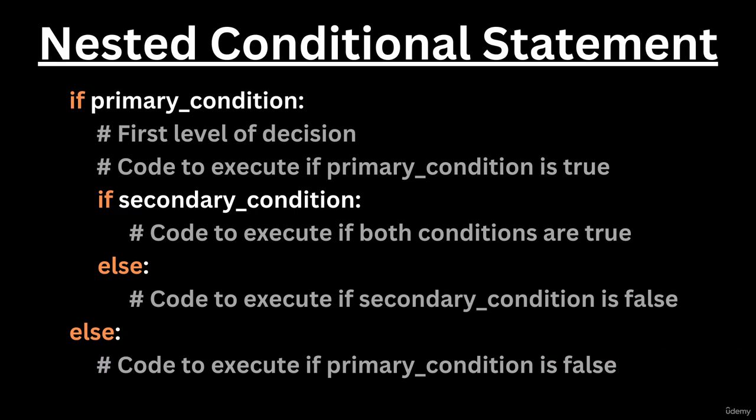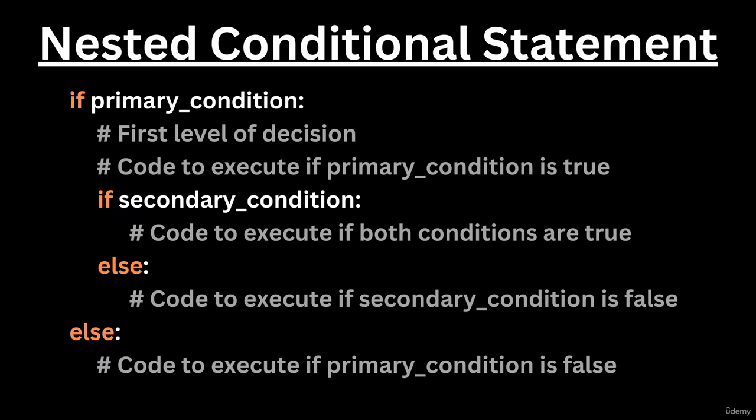If the primary condition is true, the code inside the primary if block will be executed. And inside the primary if statement, we have the secondary if and else statement with the secondary condition. For the code inside the secondary if statement to run, that means both the primary and secondary conditions must be true. This is how nested conditional statements work.